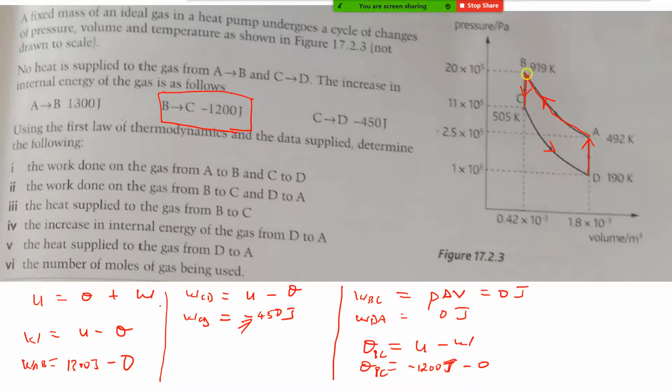So in essence, from B to C, I expect to be losing heat, and it makes sense because I'm decreasing pressure. At B my pressure was 200,000, and it decreased to 100,000.